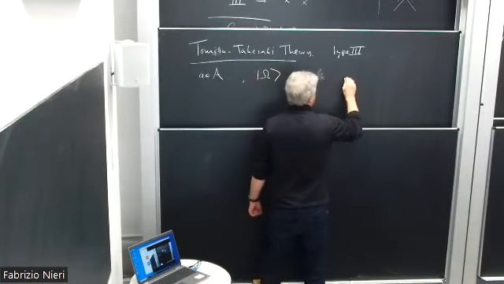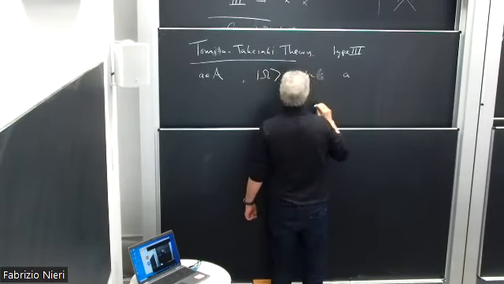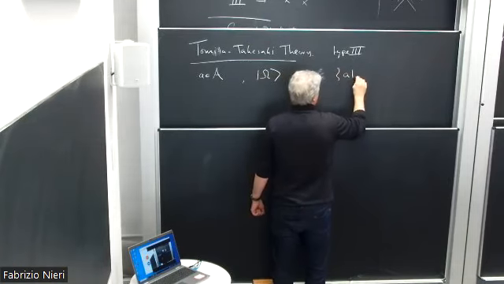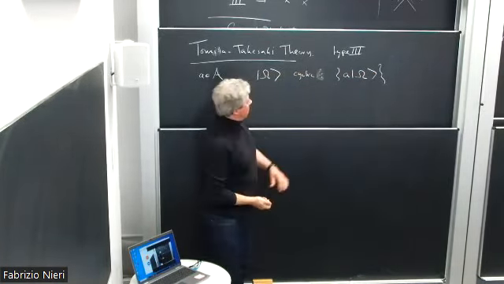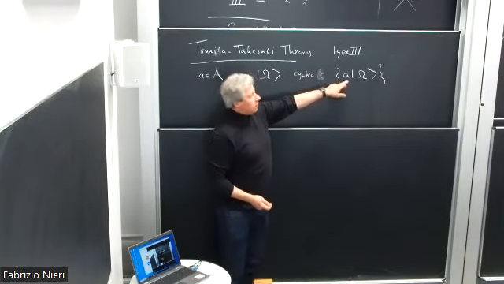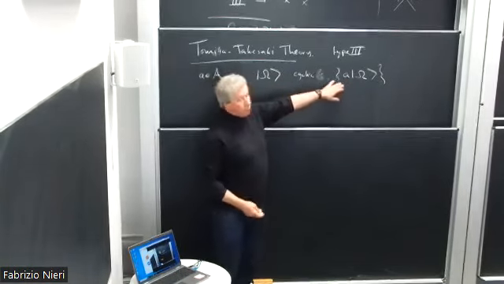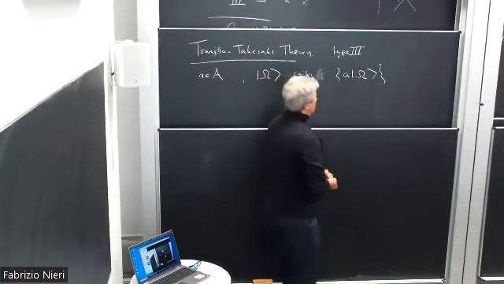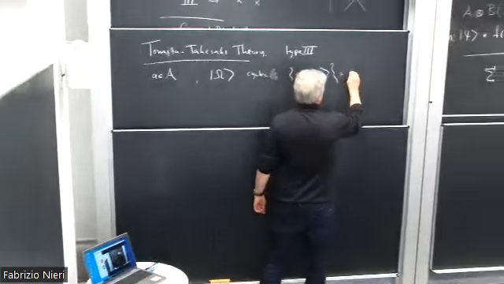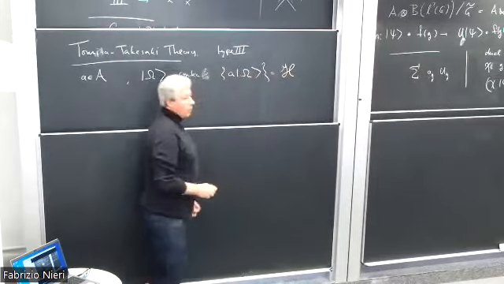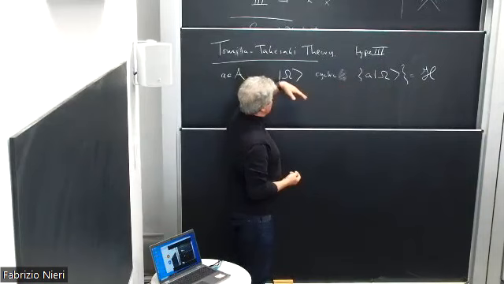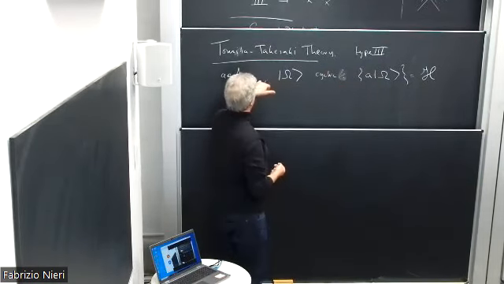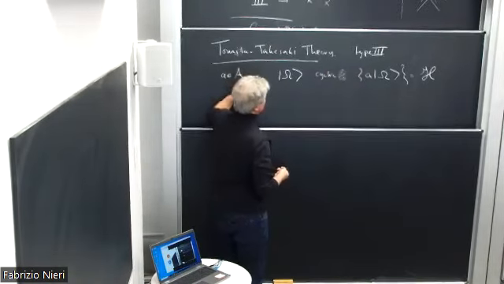Cyclic means that taking all the elements of A and acting on omega, if you complete it by adding limits, this will be equal to the entire Hilbert space. So you can generate the entire Hilbert space by acting with elements of this algebra.